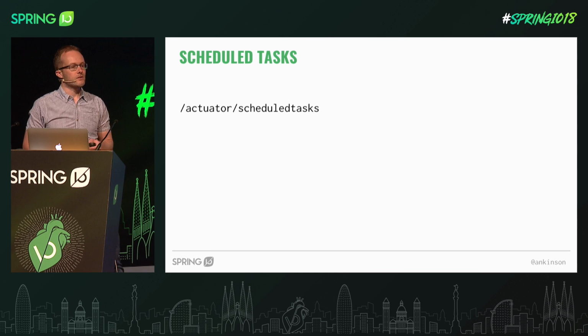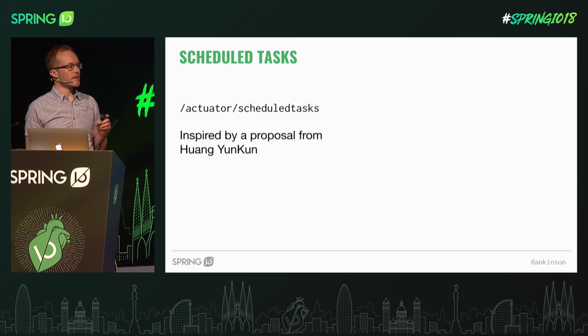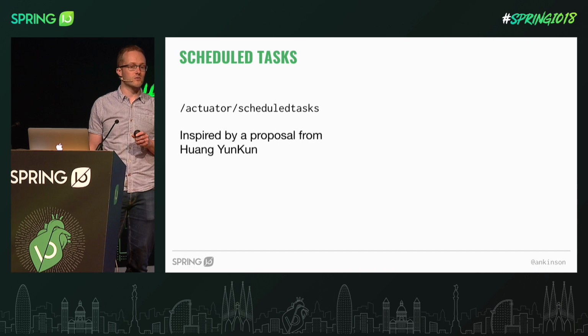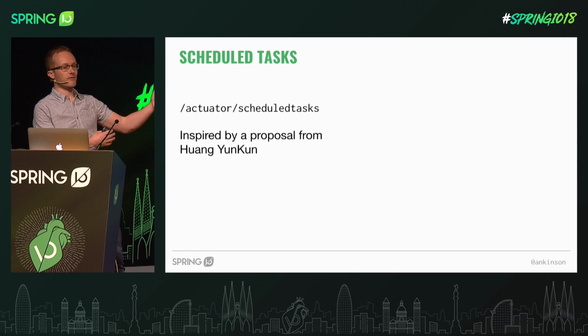Scheduled tasks endpoint, a new endpoint in Spring Boot 2.0, available by default under /actuator/scheduledtasks. I really like this endpoint in no small part because it was inspired by a proposal from a contributor to the project. Unfortunately, unbeknown to them, when they submitted the pull request saying, I think this would be really useful, Stefan and I were busy rewriting all the actuator infrastructure.